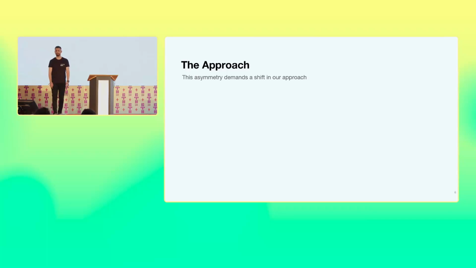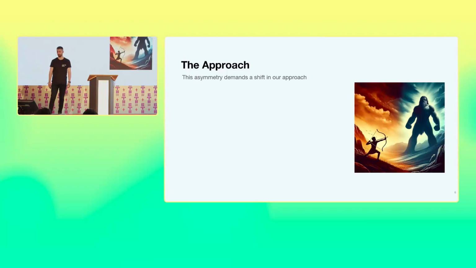This asymmetry demands a shift in our approach. We are like that guy over there, armed with a small weapon, and we are trying to fight a Goliath. And if we want to have a better chance in this fight, we need to be very well prepared, and we need to master our weapons.